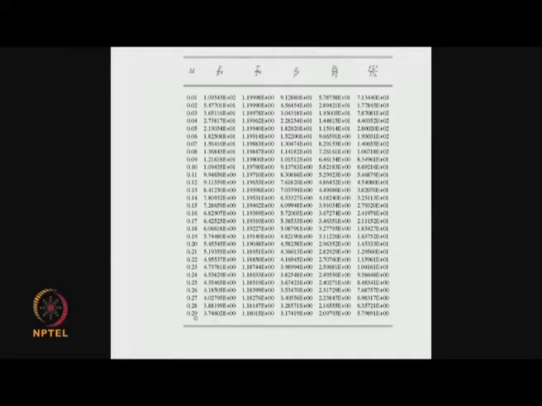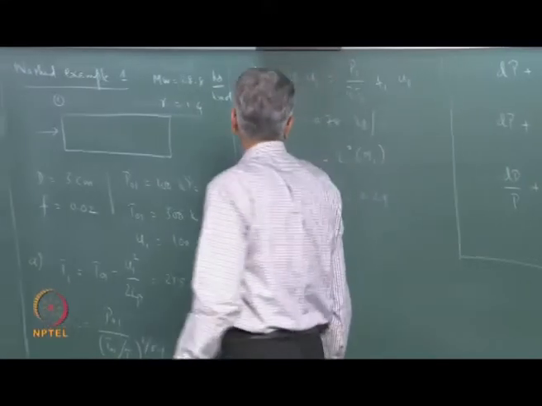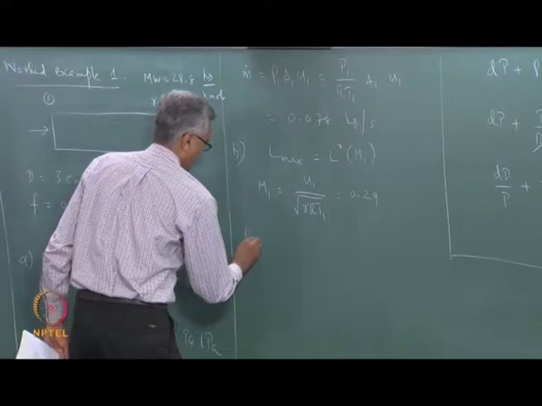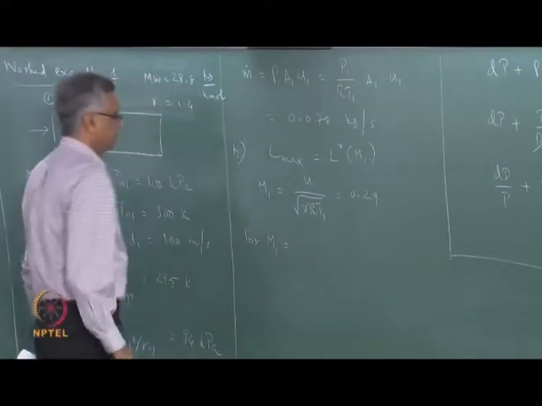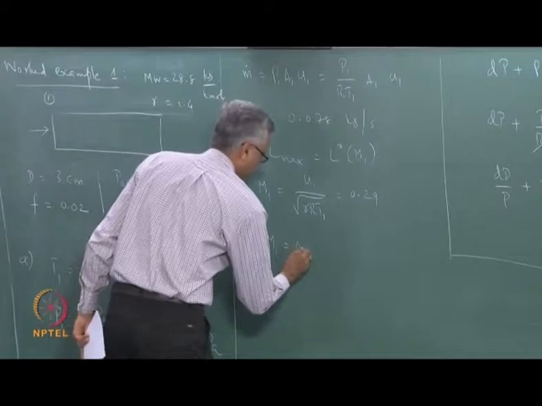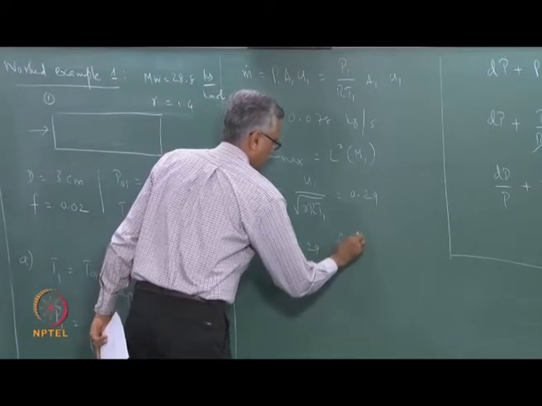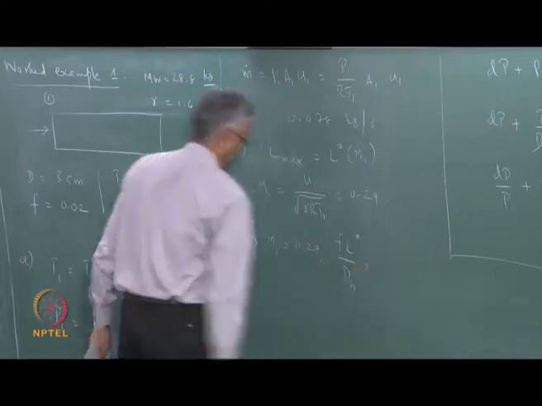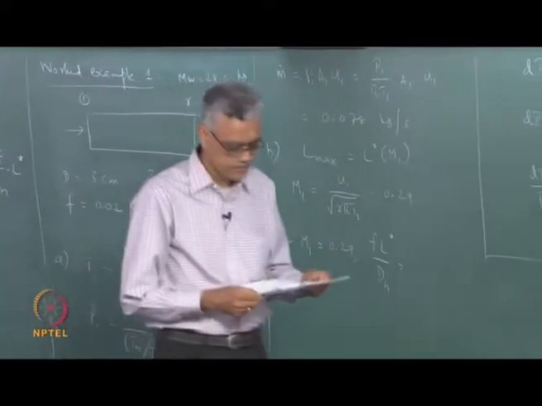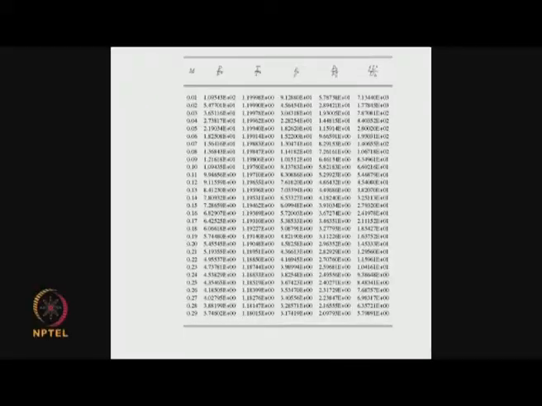So, corresponding to 0.29, which is over here, FL star over DH is 5.79891, right. Let us write this down. So, for M1 equal to 0.29, FL star over DH comes out to be approximately 5.8, right.